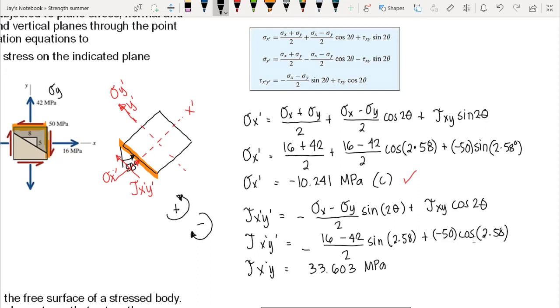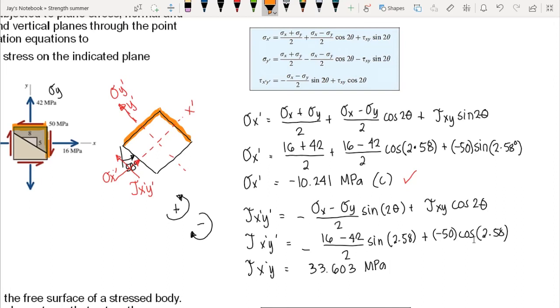So therefore, how are we going to draw our shear stress here according to its sign? Now take note, we have positive shear stress. Now we have to locate the positive phase of our stress element. Now we know that we have a new axis for our stress element. So this one is our positive stresses, okay?